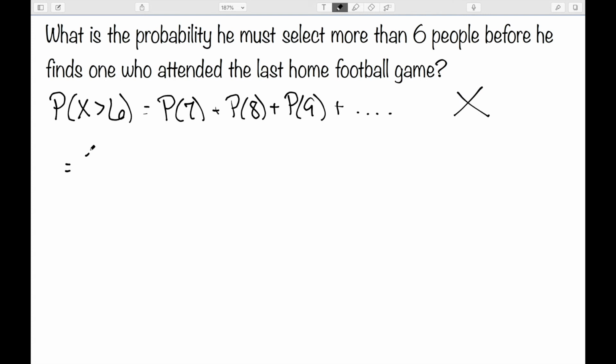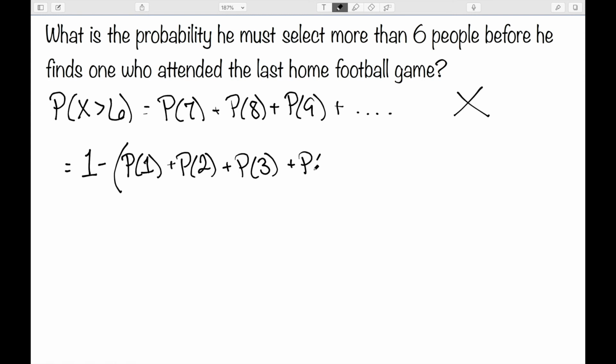Instead, we're going to use the idea of complements. 1 minus what he doesn't want. He doesn't want it to be the first person, or the second, the third, the fourth, the fifth, or the 6th, and since this is what we don't want, we need to make sure we do 1 minus this value.